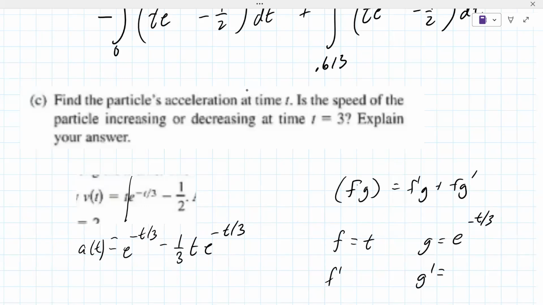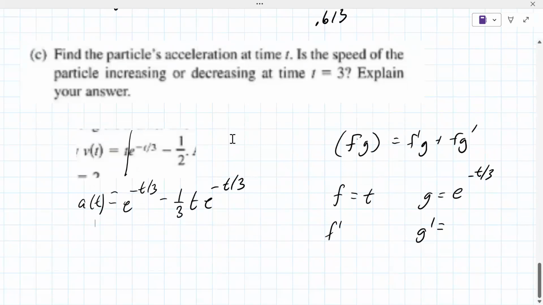So that is part one, kind of. Now it says, is the speed increasing or decreasing at time t equals 3? So here's how you know. It's basically asking, is it speeding up or slowing down?